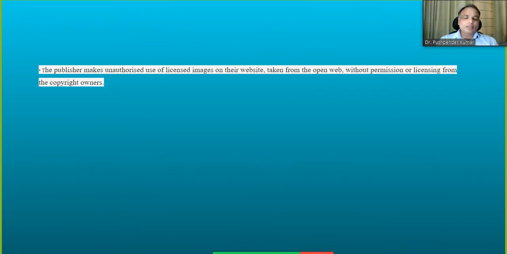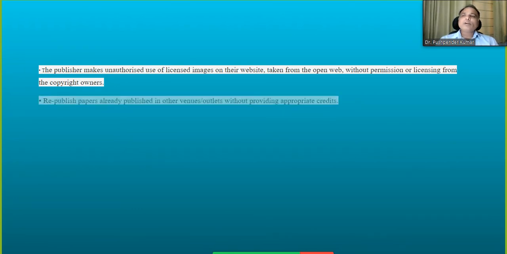Today I was reading one book, and in that book they mention a questionnaire about job satisfaction, right? And they say that this questionnaire is made by one international company. You cannot use it without permission, right? So here there may be a picture, a monogram, something which you cannot use, and if you see it on the website of that journal, make sure that this is a duplicate or predatory journal.